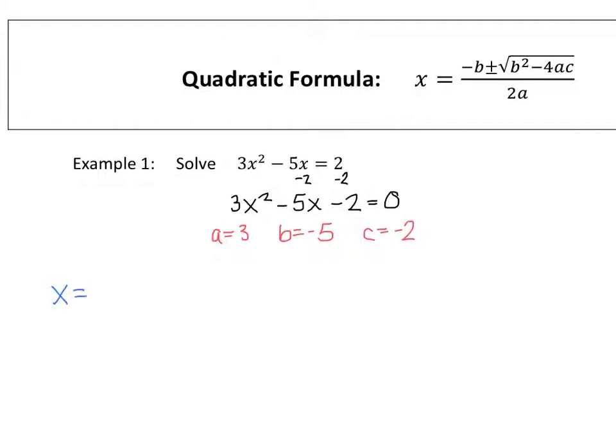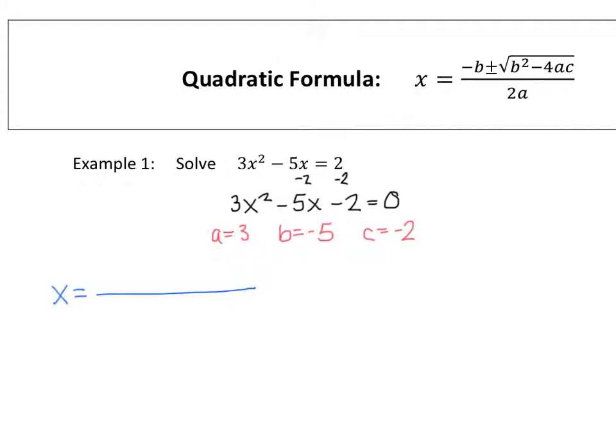Now, one common mistake that people make is they only put the fraction underneath the second part of the numerator, but really it's under the entire thing. So make sure that it's one big fraction.